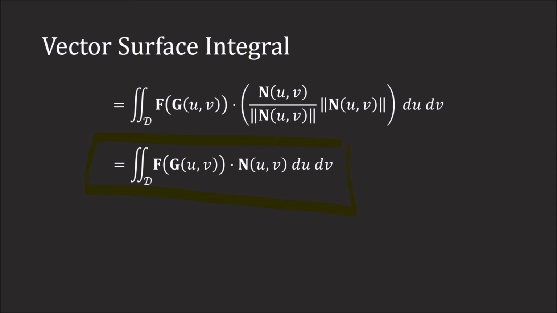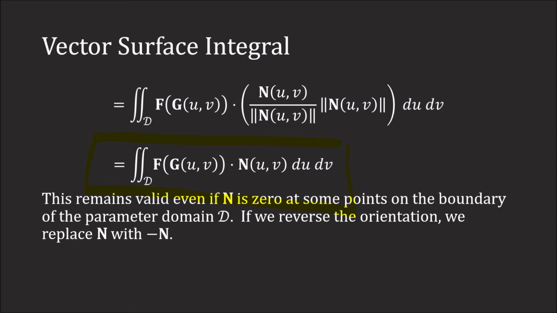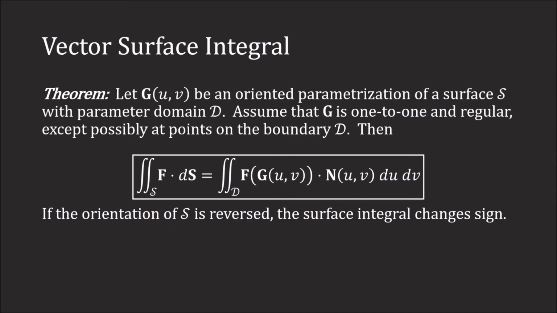This would remain valid even if N is 0 at some points on the boundary of the parameter domain D. If we reverse the orientation, we simply replace n with negative n. And this gives us a way to evaluate the vector surface integral.